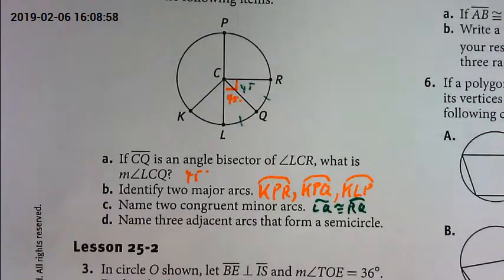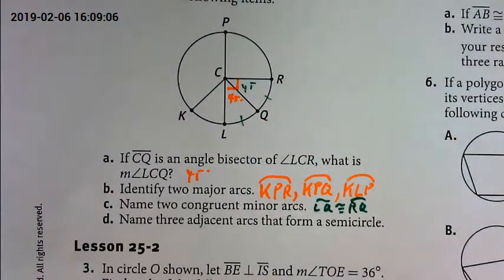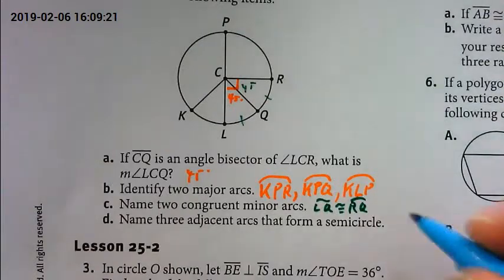There is one other set that you can say as minor arcs are also congruent. And it's the 2 that are both what? So we did the 2 that are 45 degrees. What other measure arc do we have that's congruent in this? What'd you say? PR and RL. Those are both 90 degrees, right? So we could also do those 2.